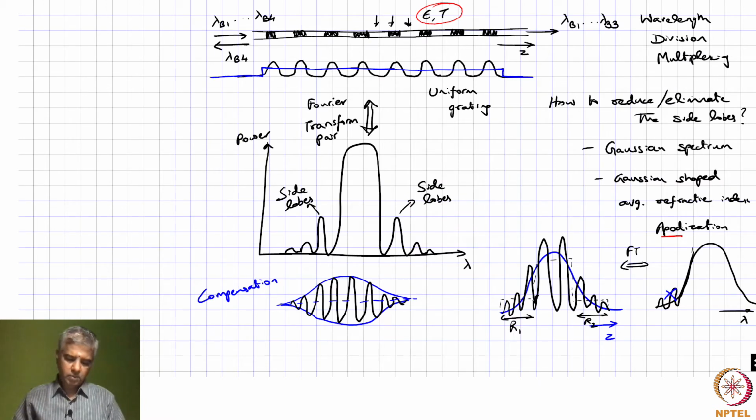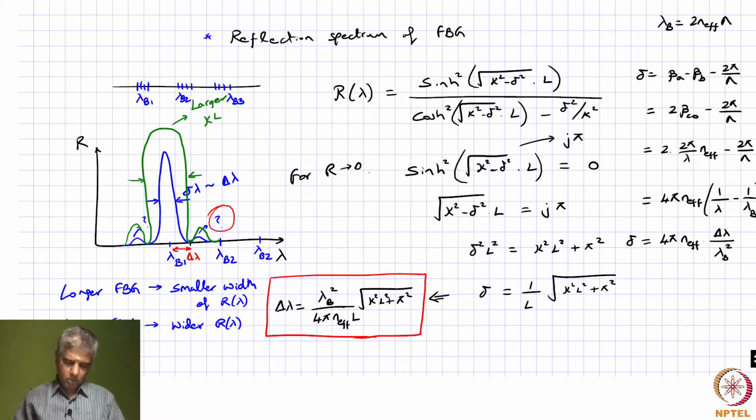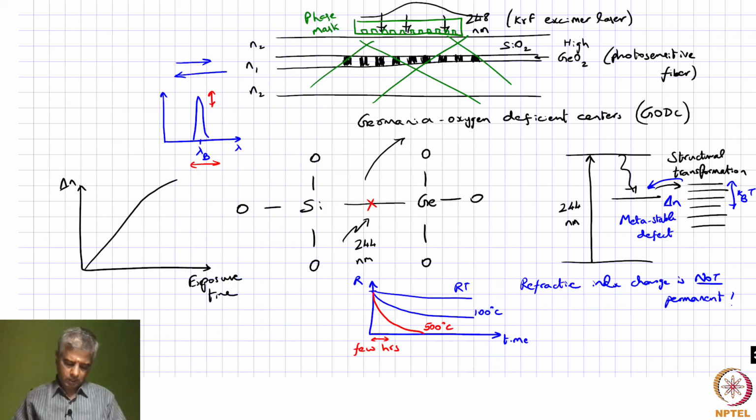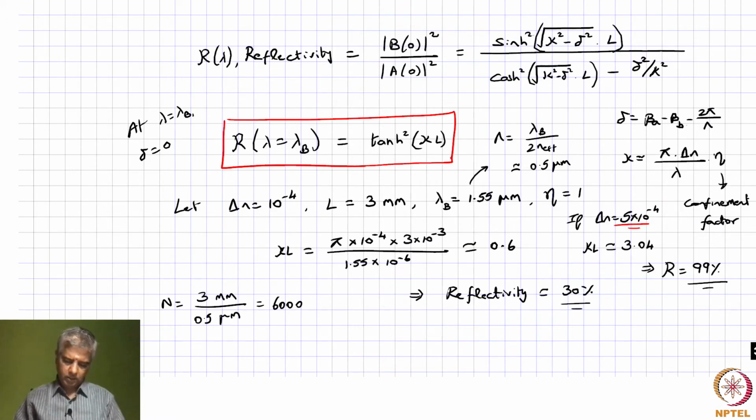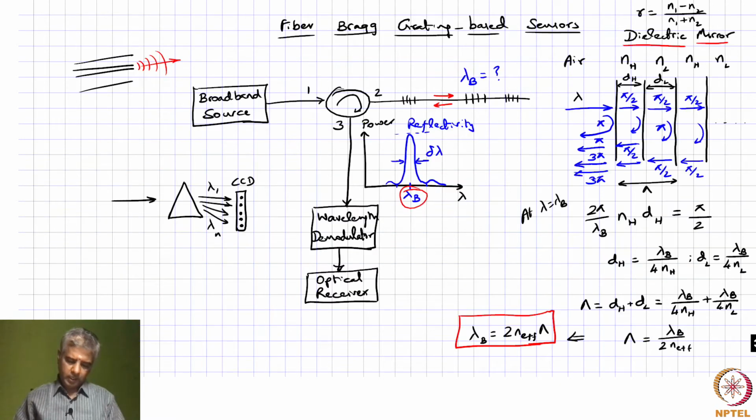We briefly said that when you want to use this fiber Bragg grating as a sensor, you interrogate the grating over a broad range of wavelengths, and the grating will reflect around a particular Bragg wavelength, which is given by this expression.